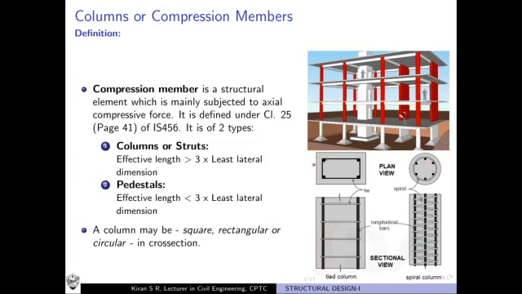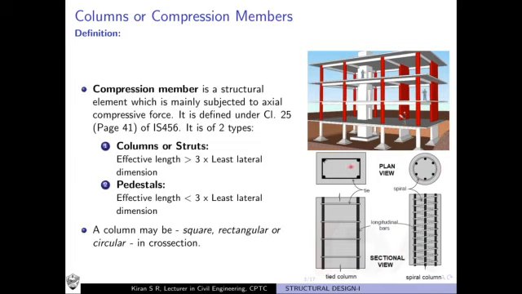You know the width of the column is the least lateral dimension compared to this dimension. Okay, so this width is the least lateral dimension. For the case of circular columns, the diameter is the same throughout, so there is nothing like least. You just have to take the least lateral dimension as the diameter of the circular column.